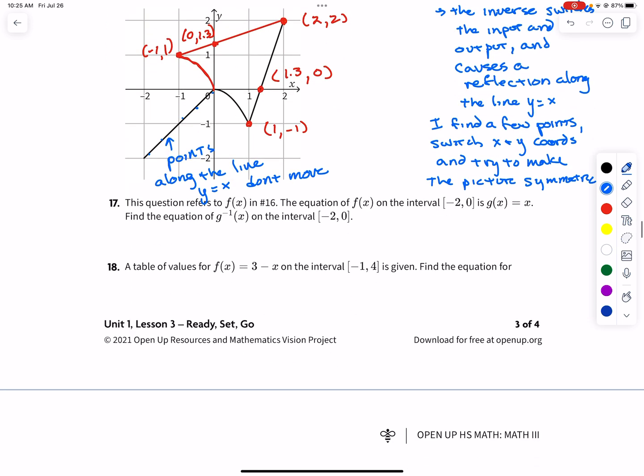Okay. So on the interval from -2 to 0, this g of x equals x. Notice this is the same as saying y equals x.